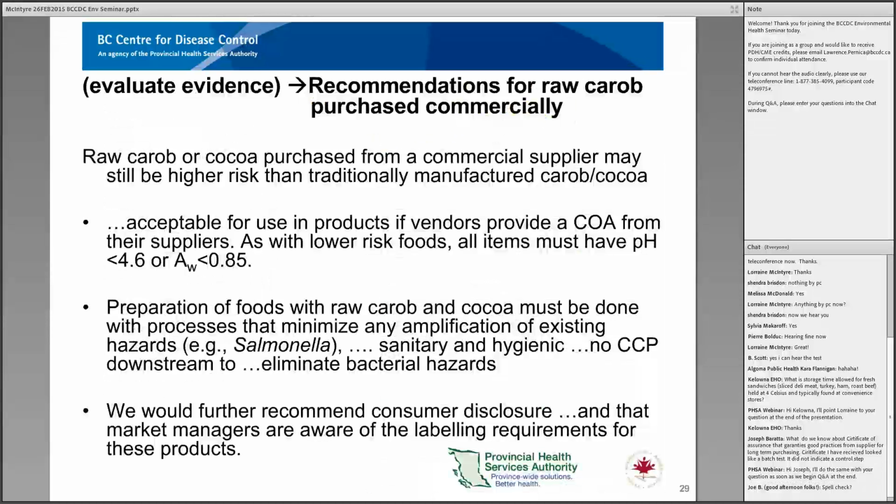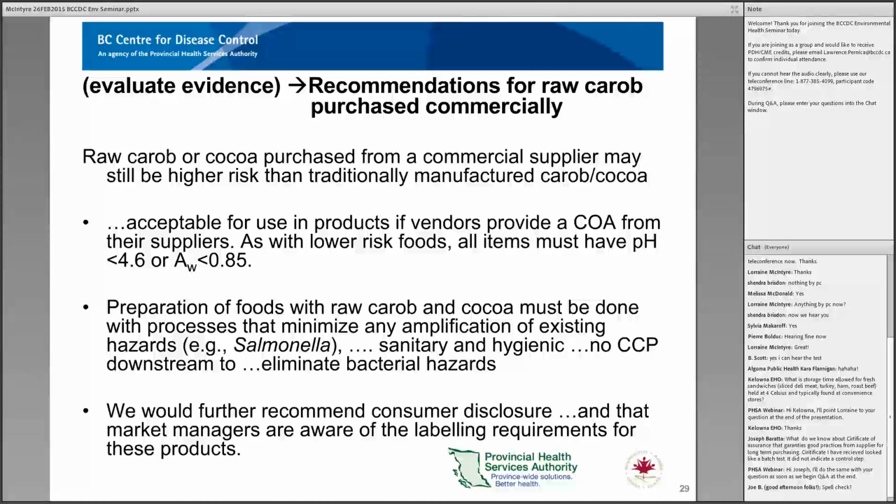So what did we recommend? We were clear in our recommendations that raw carob or cocoa purchased from a commercial supplier may still be higher risk than traditionally manufactured cocoa or carob that has a heating step, but it would be acceptable for use in raw food products for that ingredient, if they had a certificate of analysis, and if the foods prepared still had a pH below 4.6 or a water activity below 0.85.